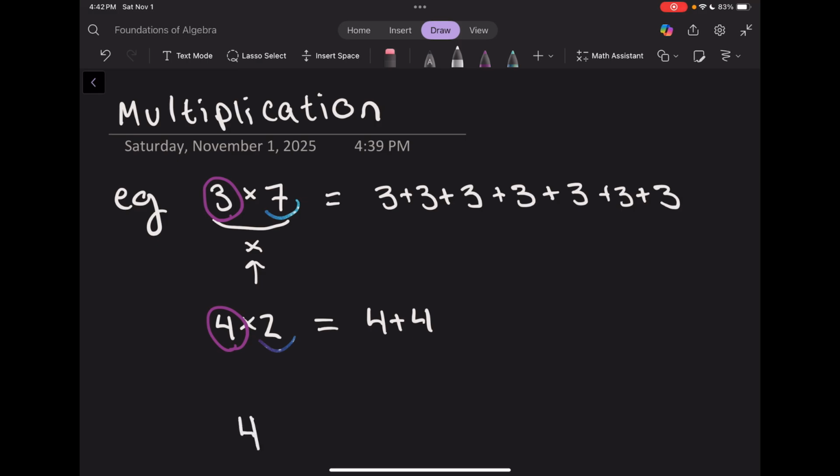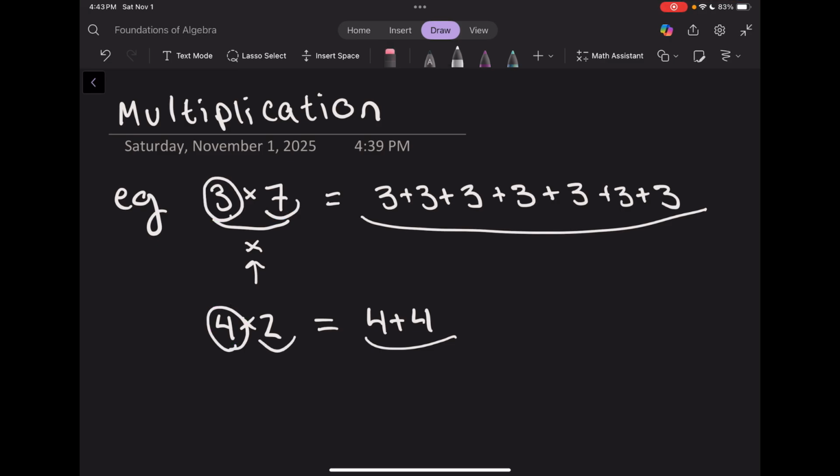So if we have something like 4 to the second power, this is the same thing as 4 times 4. So there's these really cool layers in algebra and so many patterns that you can find. So it helps to start looking at multiplication as addition, but multiple times.